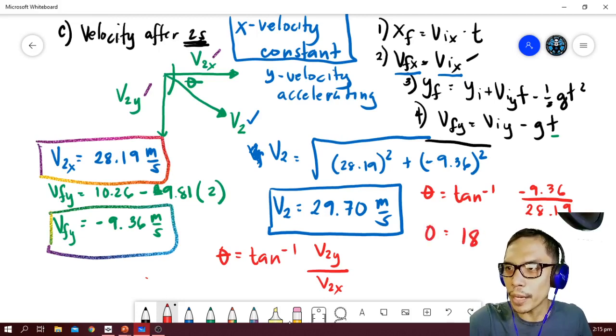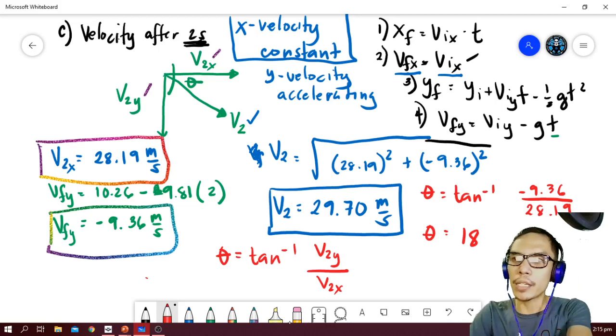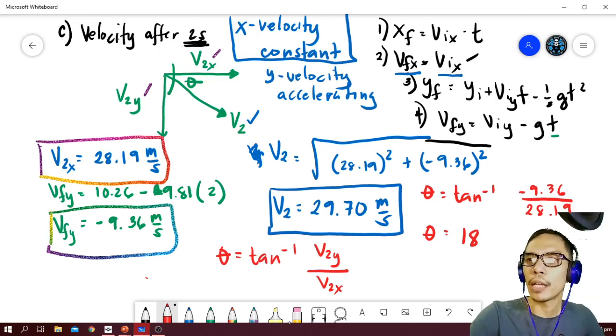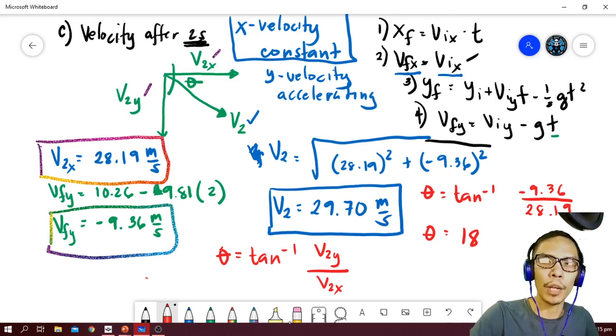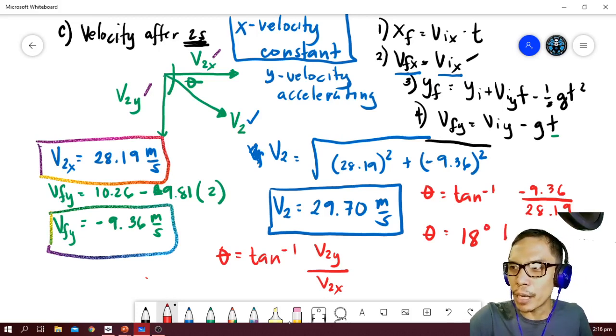I will remove the negative and instead put a statement that corresponds to it. The negative sign tells us that the projectile is moving below the horizontal direction. So 18 degrees below horizontal. That is what the negative sign means.